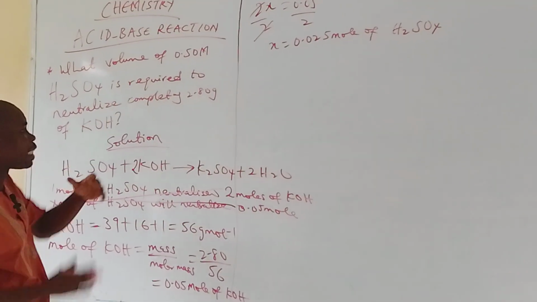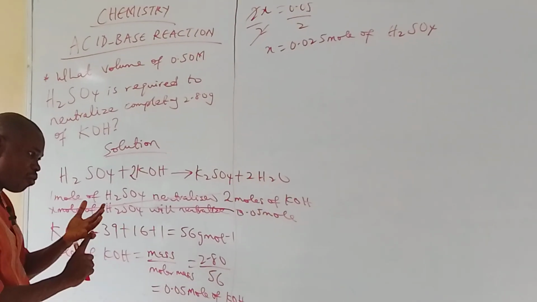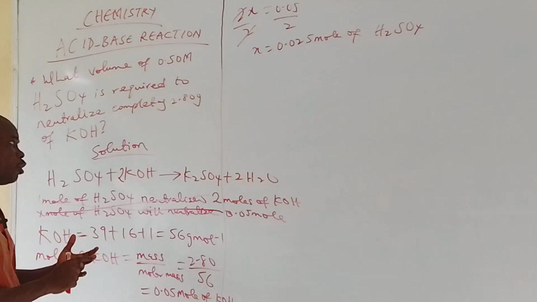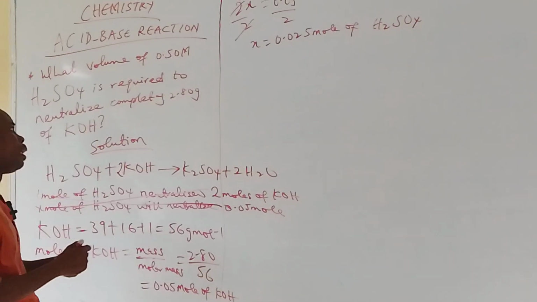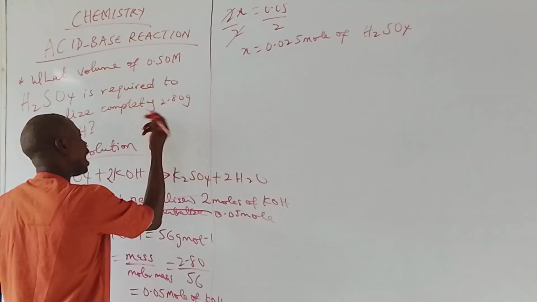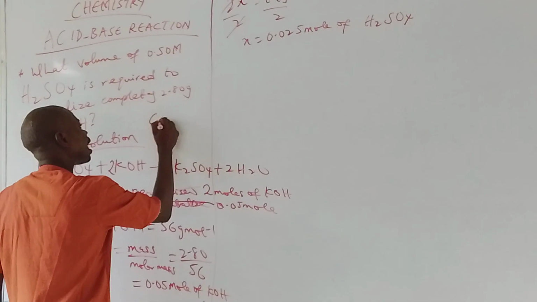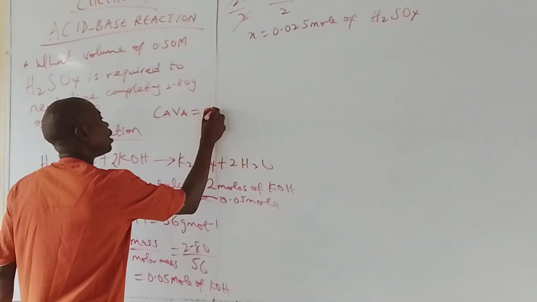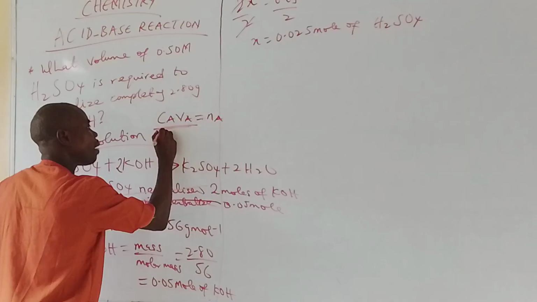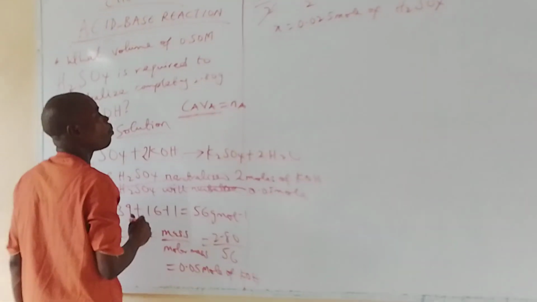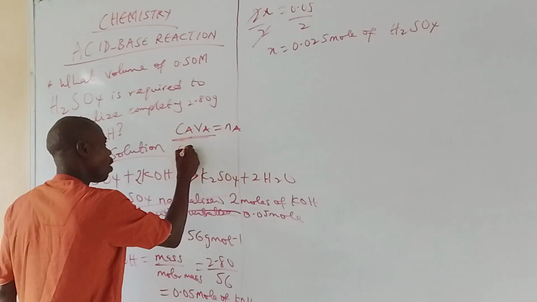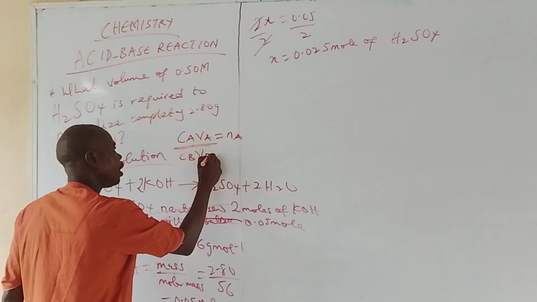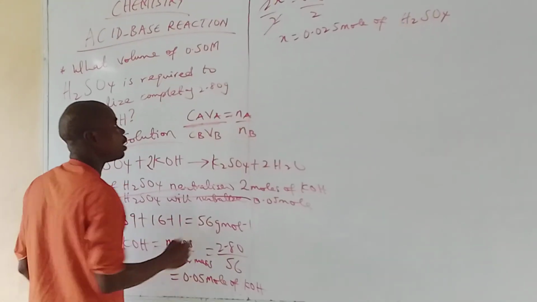So how do we know the connection between the number of moles, concentration, and volume? From practical work, I know there is a particular relation: concentration multiplied by volume gives the number of moles. The same way for the base, CAVA over NA equals CBVB over NB.